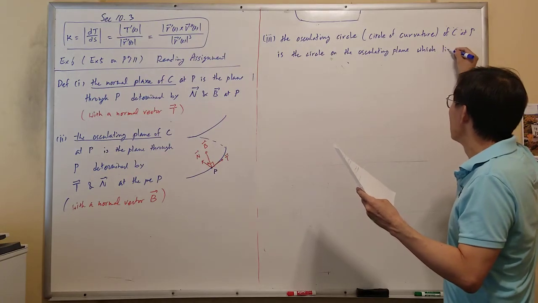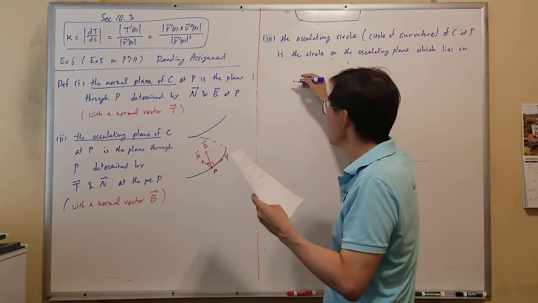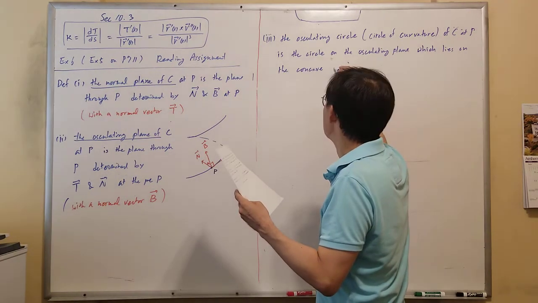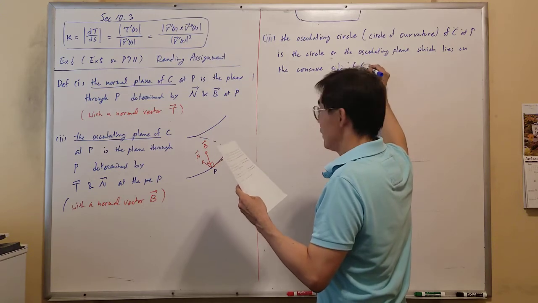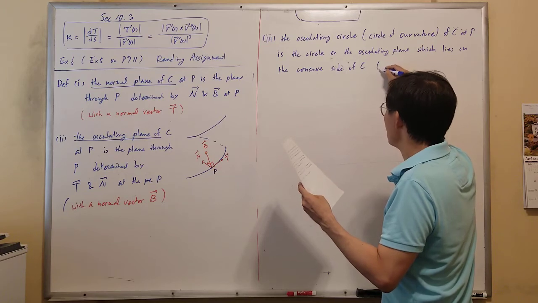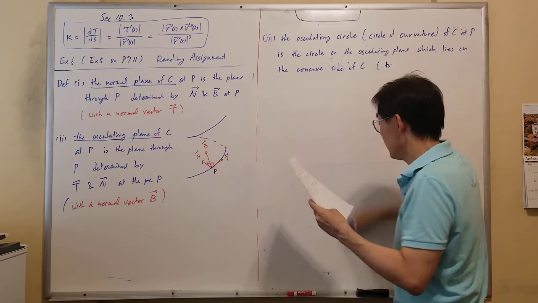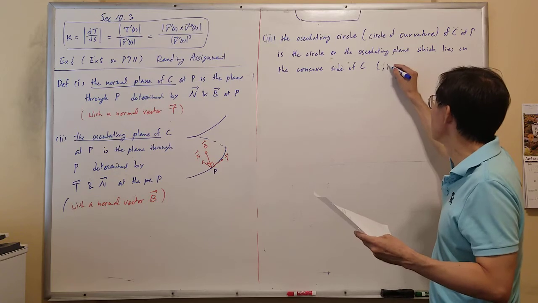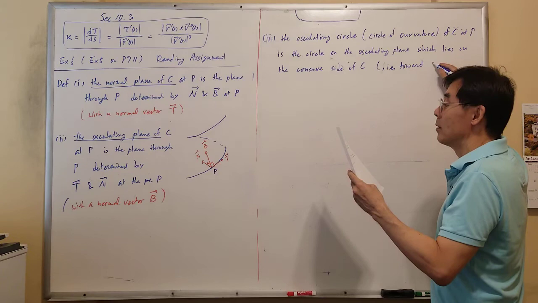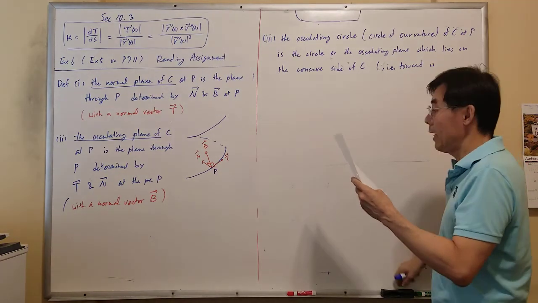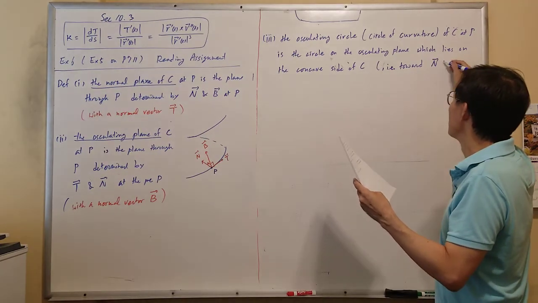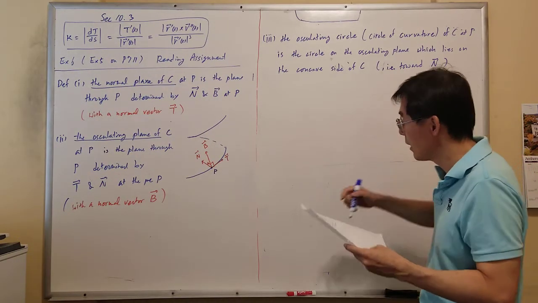Which lies on the concave side of C, i.e. toward where N points.